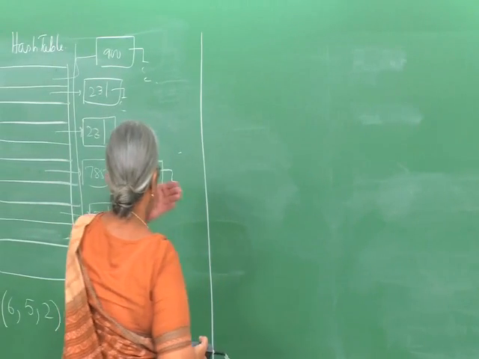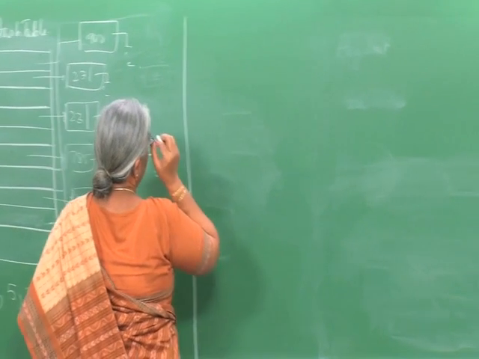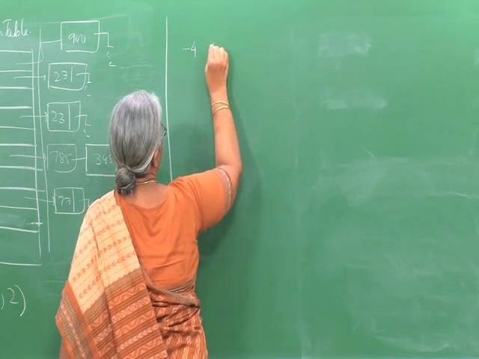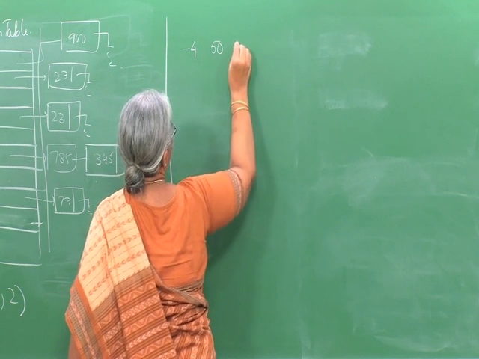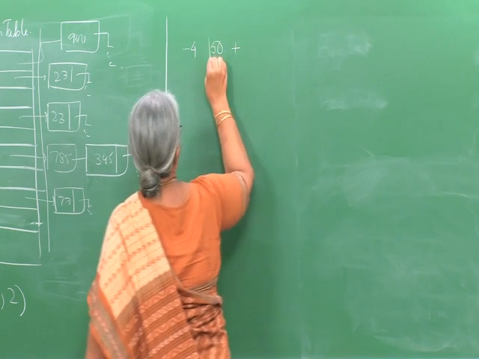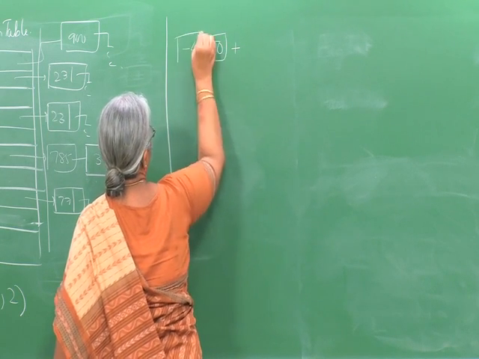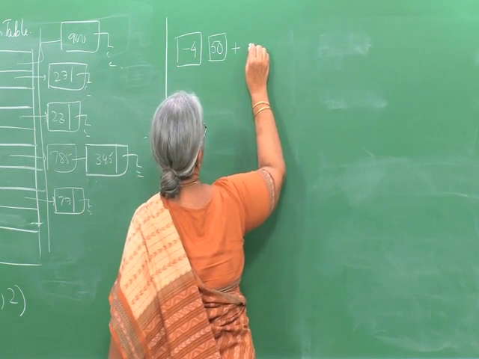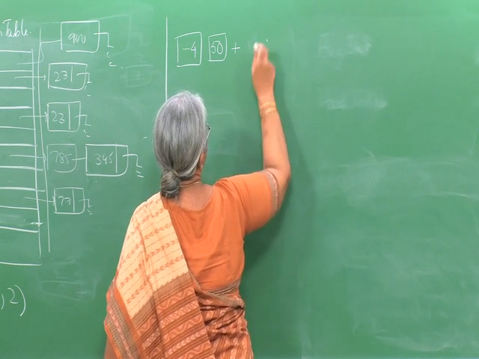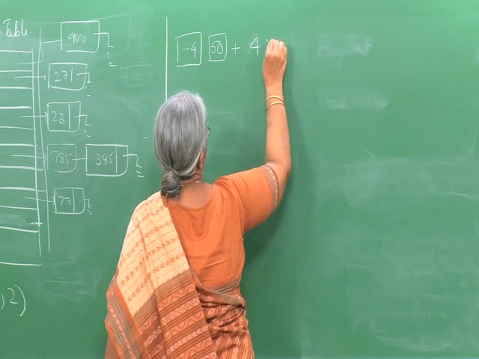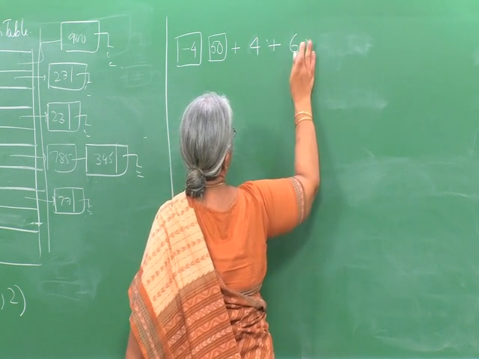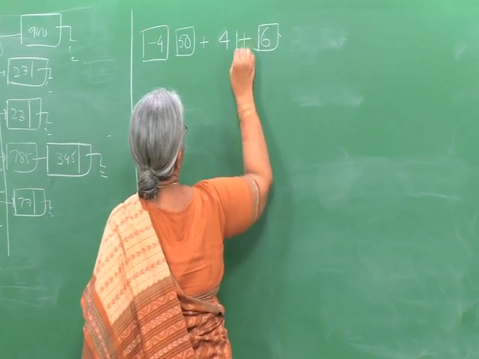Let us say I have the numbers -4, 50, plus, and this is one token, and 6 and star, 6 plus, let us say 4, plus 6 and star. So, this is a postfix expression.